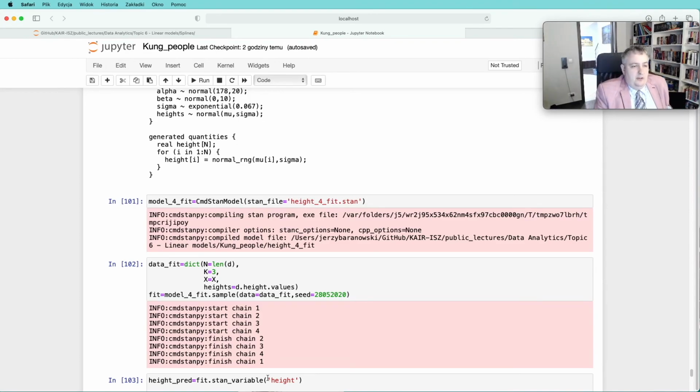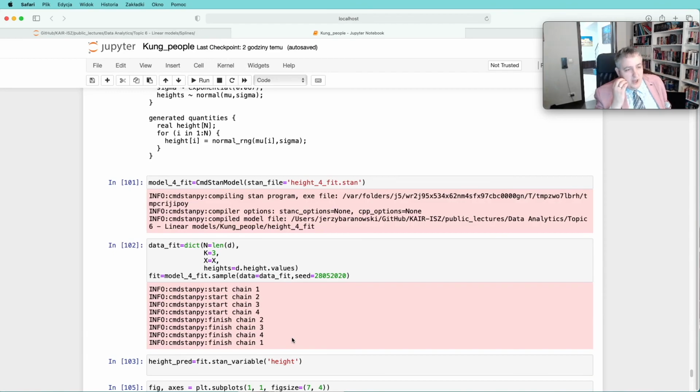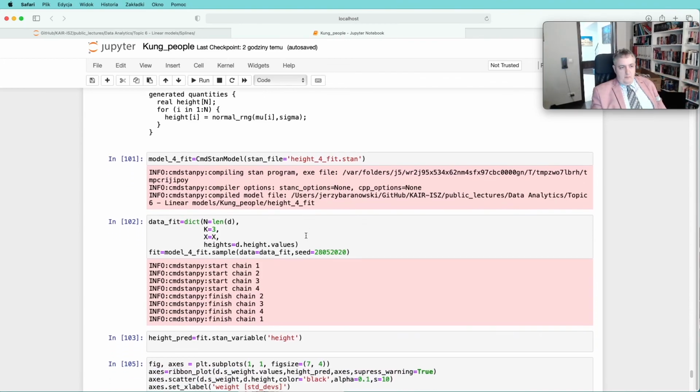We sample from it directly using Stan, assuming again that we have 3 predictors, using the same spread of values of weights.